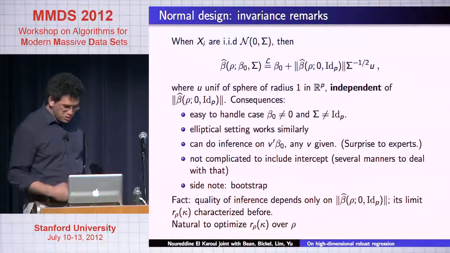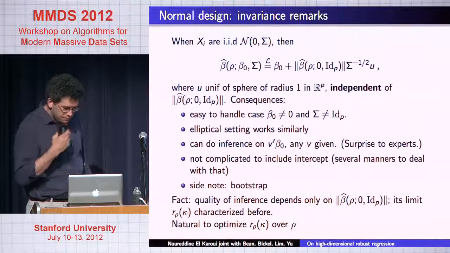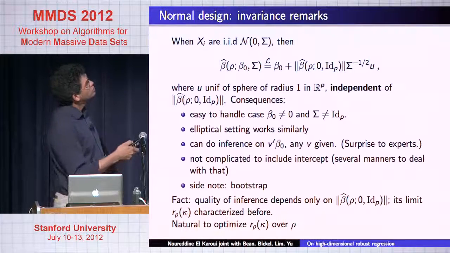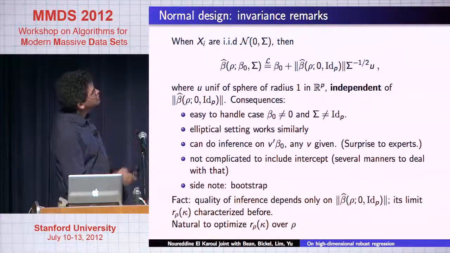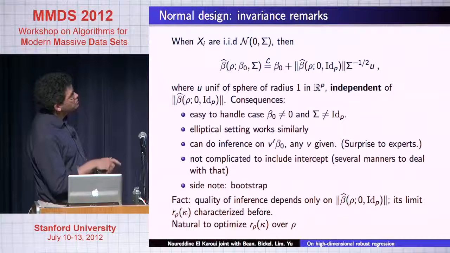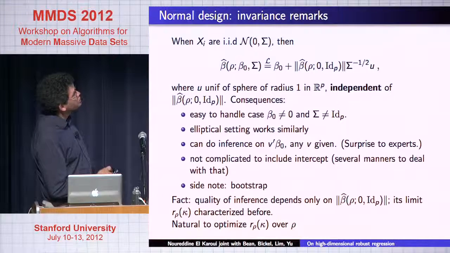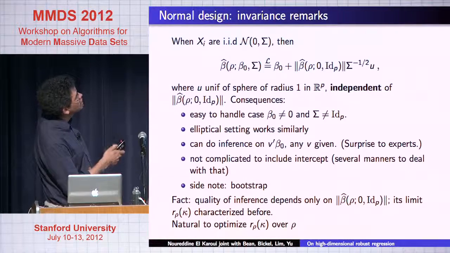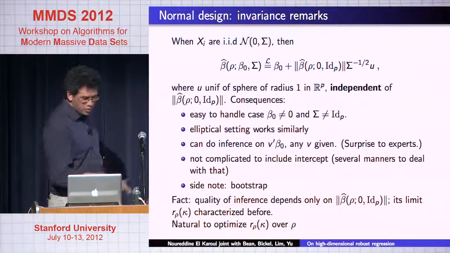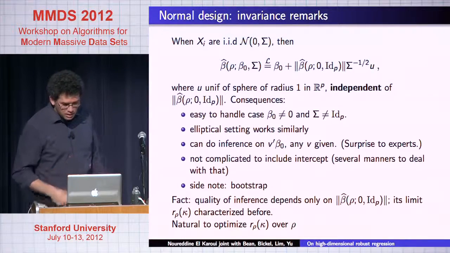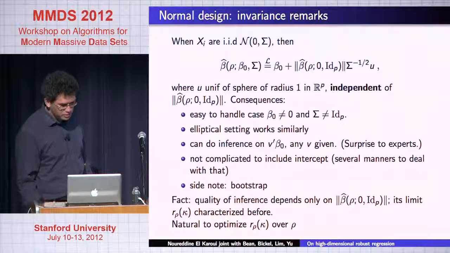And a side note about the bootstrap: basically, if the bootstrap worked, and you have this sort of representation, that would put very strong constraints on the value of beta hat star minus beta_0, beta hat star being your bootstrapped estimate. And unless you're in a very, very specific setting, this constraint cannot be satisfied.